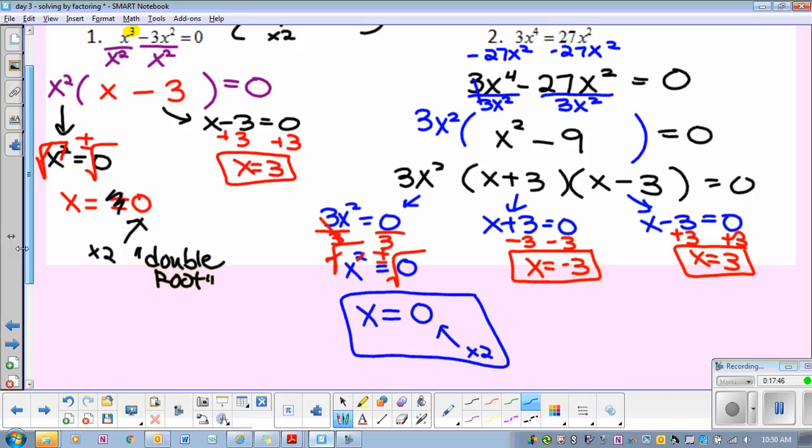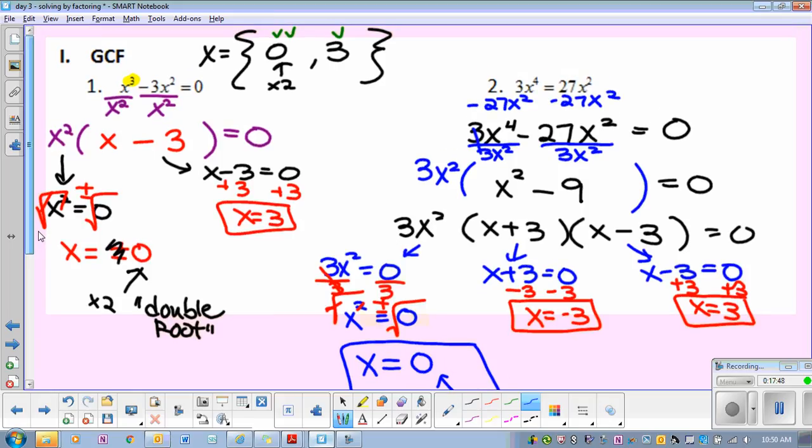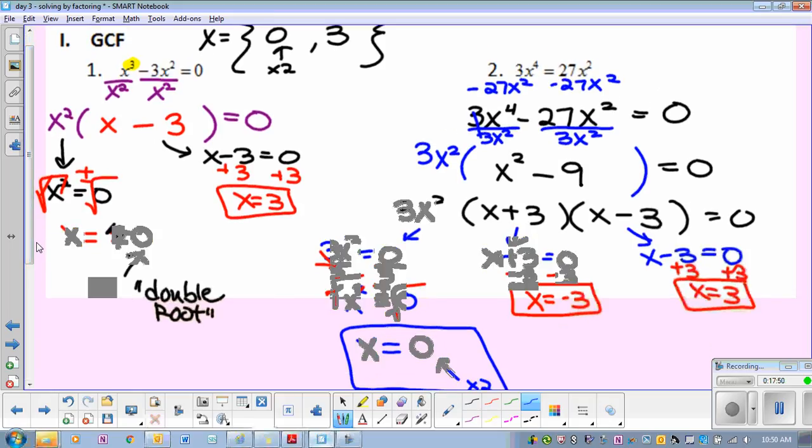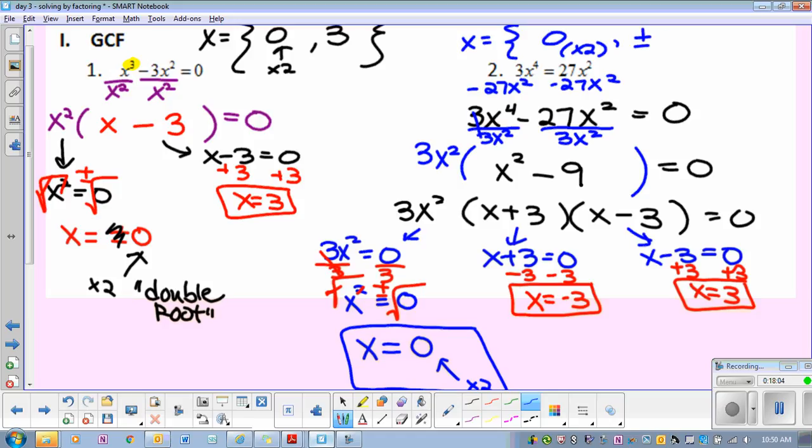So let's clean this up. Let's put it into a solution set. 0 times 2. And then I have a positive 3 and a negative 3. So you could write -3, comma 3, or you could put plus or minus 3.